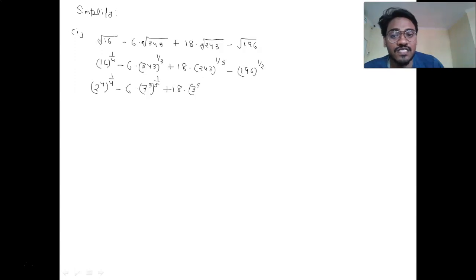Though I suggest you remember the exponents of 3 up to 6, and similarly of 2 up to 10, that will be better, because your calculation speed will increase. You don't need to factorize the given number. See, 196 is the square of 14, so let me write it directly, 14 square.